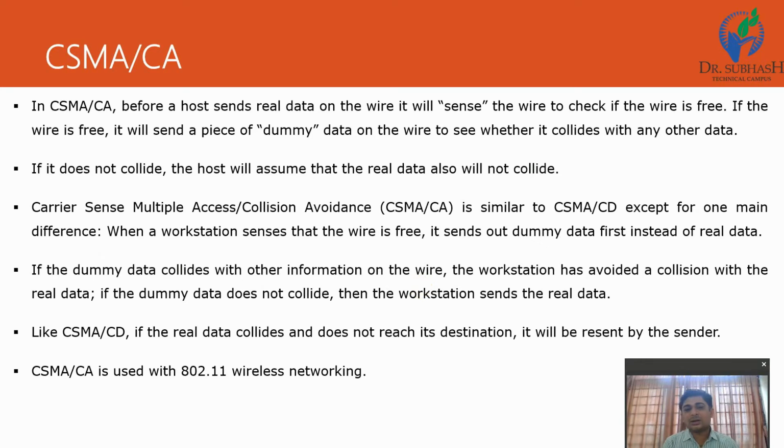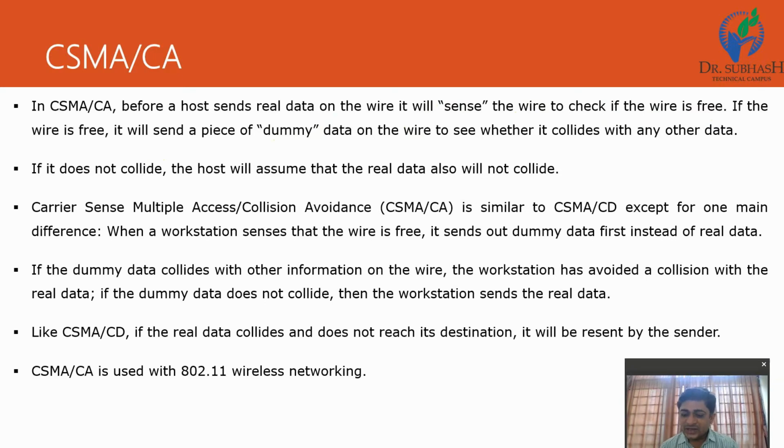Another method is CSMA/CA. Before a host sends real data on a wire, it will sense the wire to check if the wire is free. If the wire is free, it will send a piece of dummy data. There is one technique: first of all, we will send dummy data.